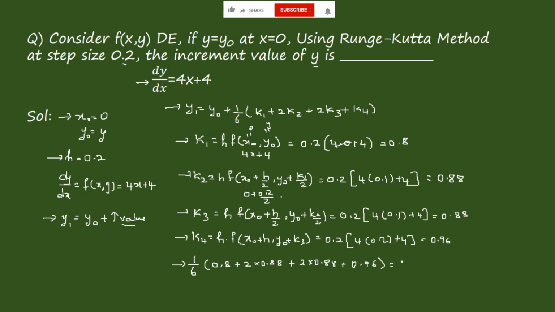We get the value as 0.88. So here we can say that y1 is equal to y0 plus 0.88. So the incremental value of y is 0.88. The answer is 0.88.